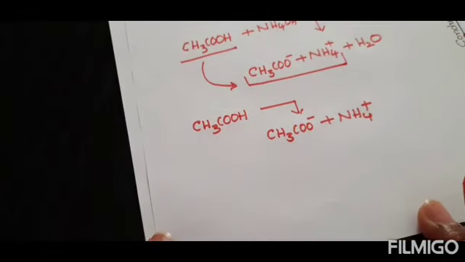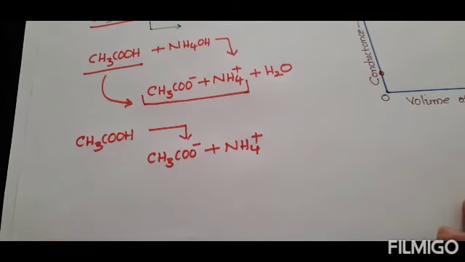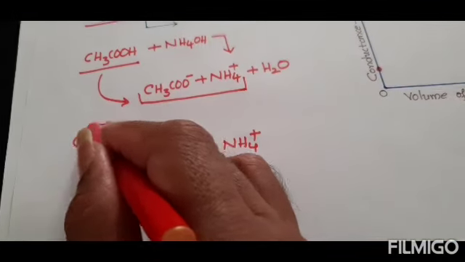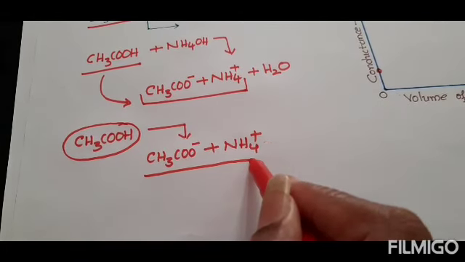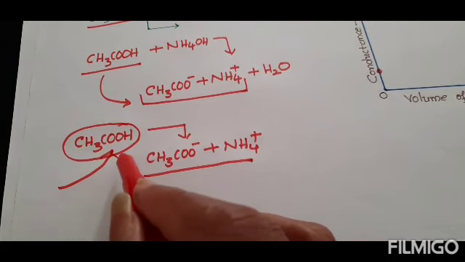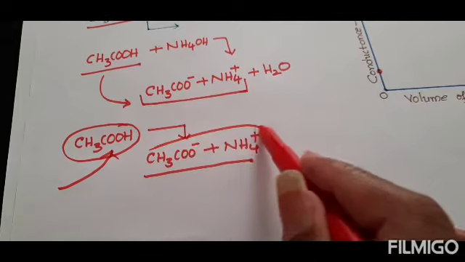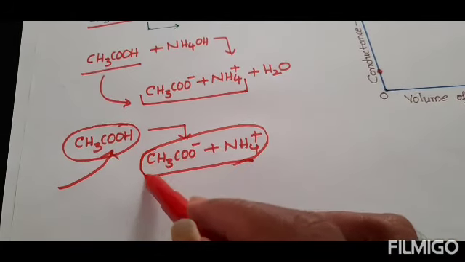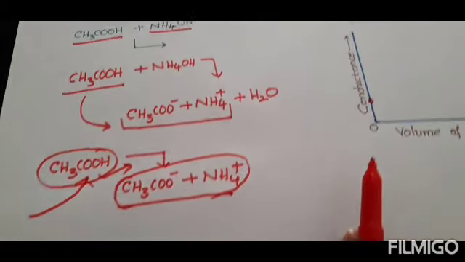That means a weak electrolyte is converted into a strong electrolyte. So if NH4OH is added continuously, the conductance will increase due to the formation of these ions. This will happen until the consumption of total acetic acid.